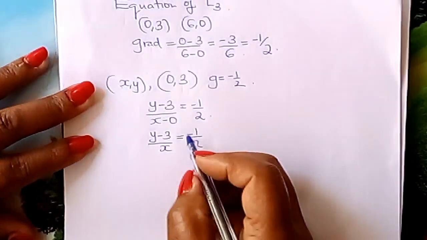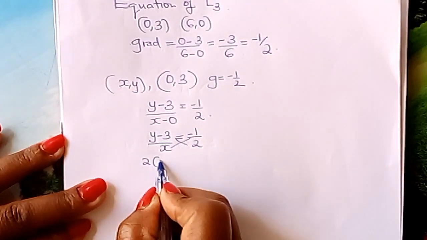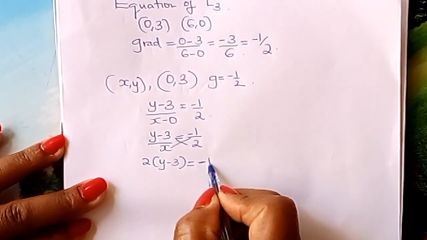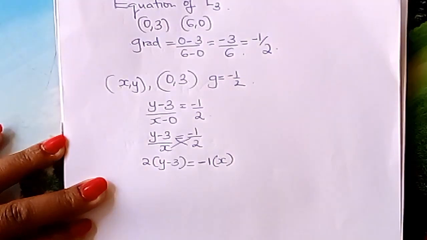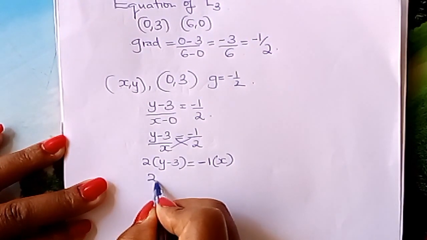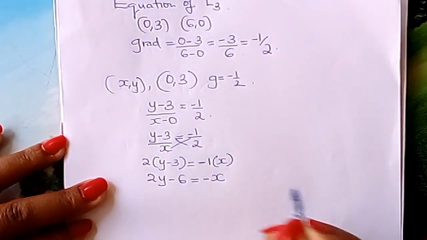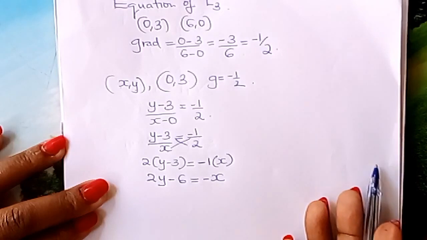So learner, I cross multiply. I talk of 2 multiplying y minus 3, which is equal to negative 1 multiplied by x. So this gives us 2y minus 6 is equal to negative x, learner. And therefore this is the equation of our line.